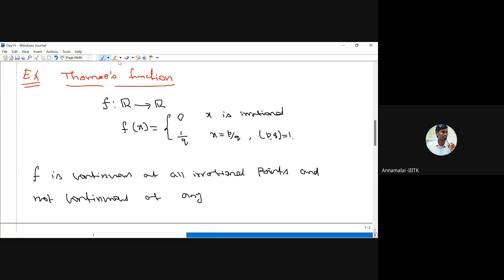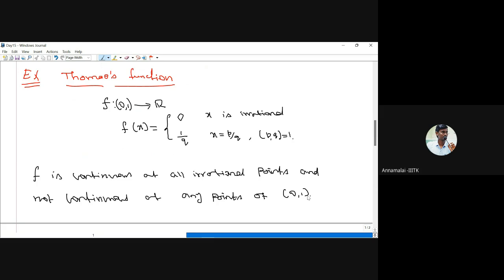Better, we define the function with domain the open interval (0, 1), not R to R. So in this interval we have rational and irrational points. We prove this using this estimation. Okay, we can skip that proof. You can go through the book, you will get the proof.